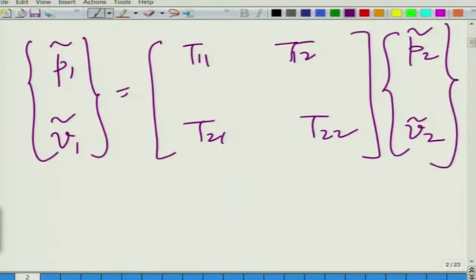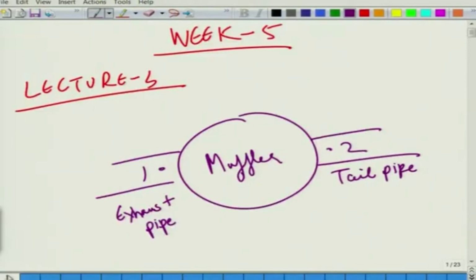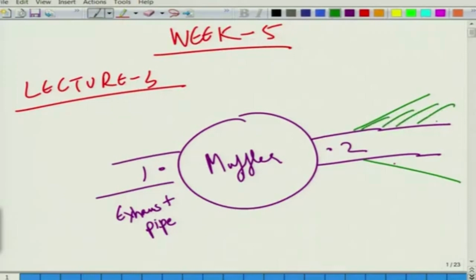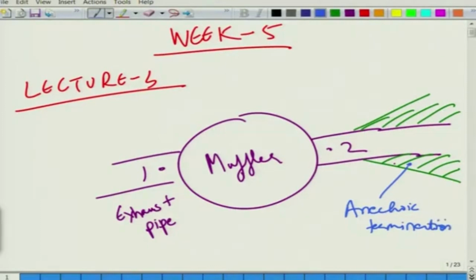Now, recall that when we consider such an element, we have the implementation of anechoic boundary conditions for the transmission loss setup. So, you have an anechoic termination.